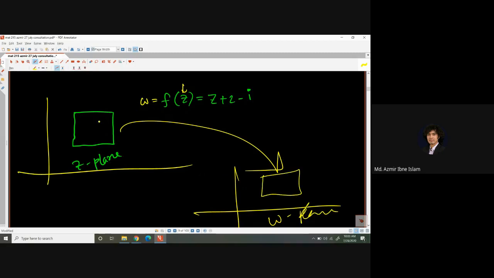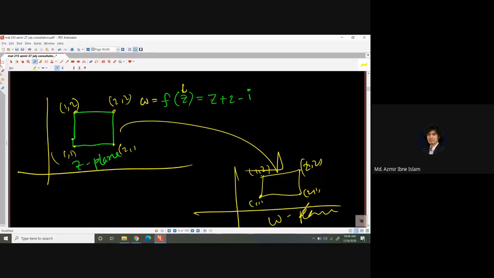Suppose it has points 1 1, 1 2, 2 2, 2 1.